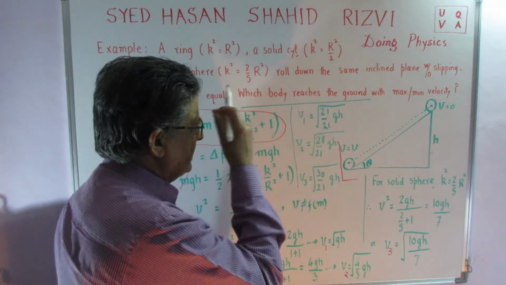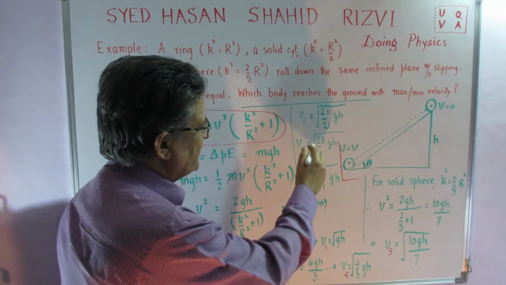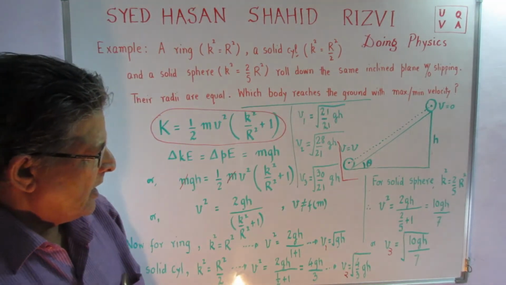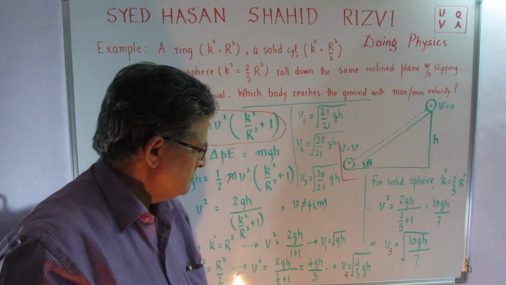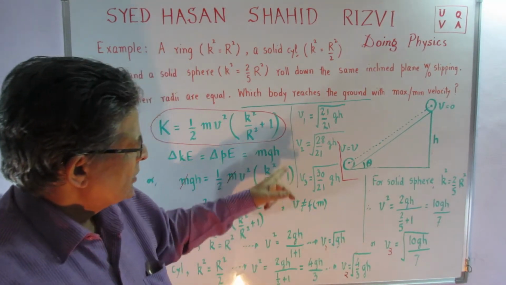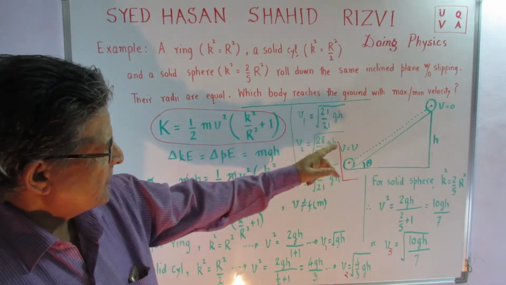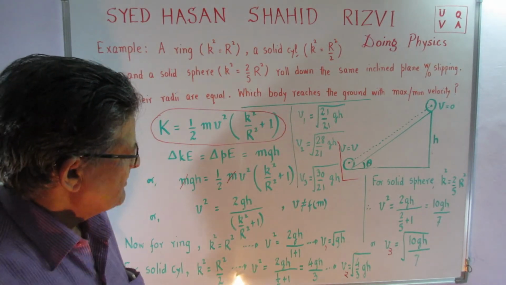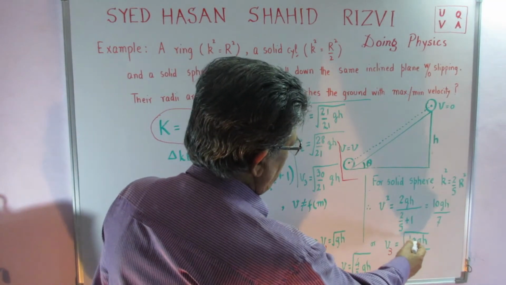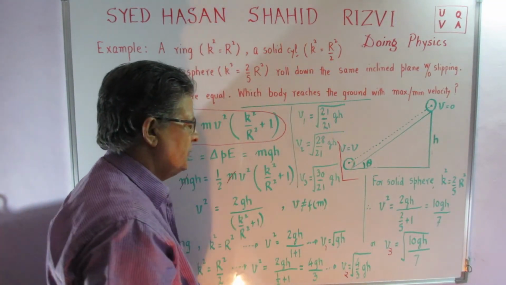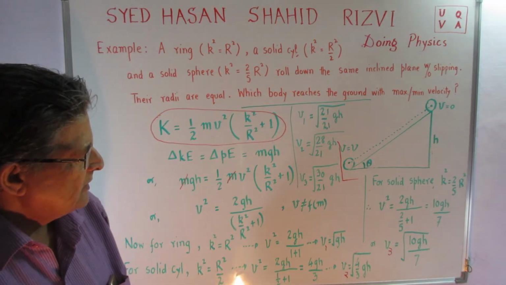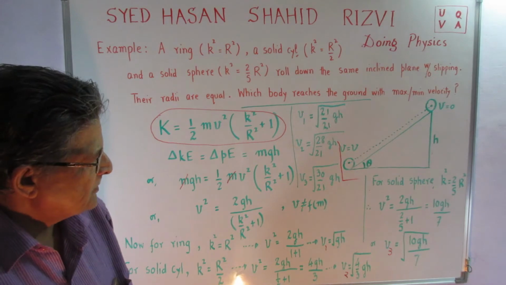And v2 I can write as 28 upon 21 gh under root, multiplying both numerator and denominator by 7, and in the third case I multiply 7 by 3 and 10 by 3, so I get 30 upon 21 gh.